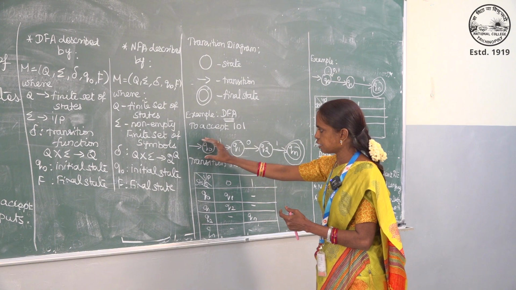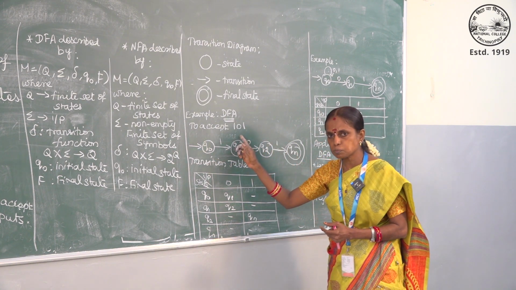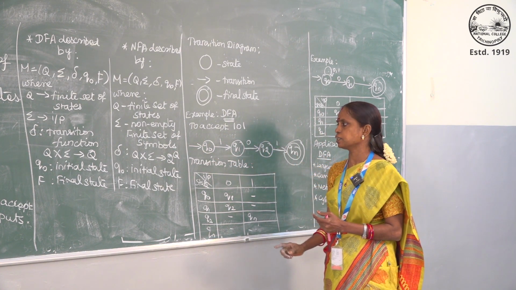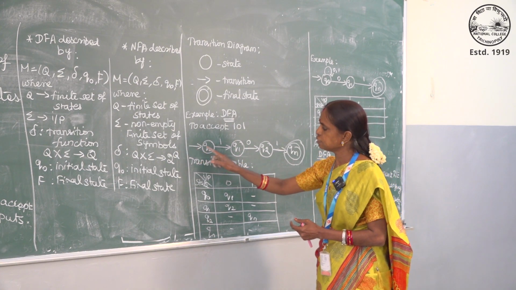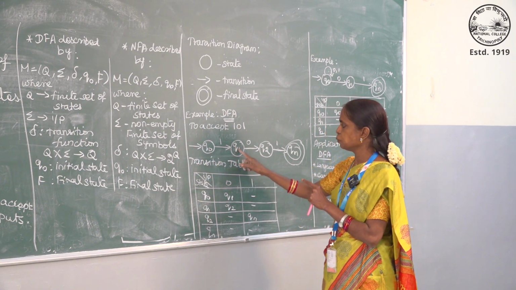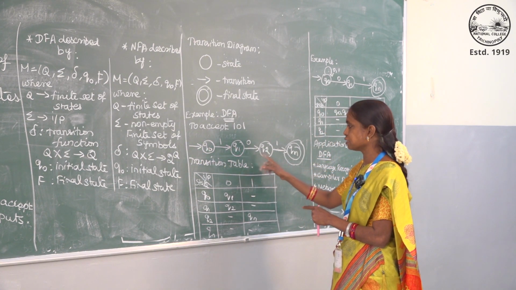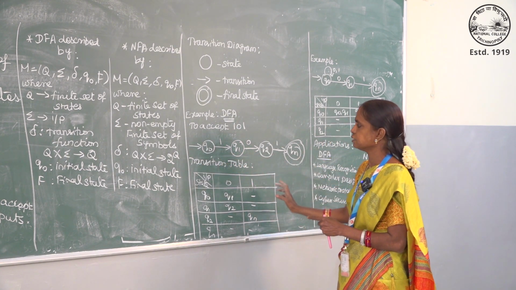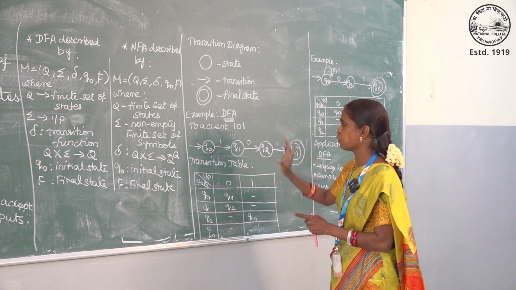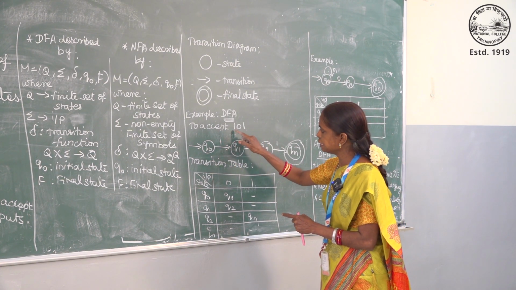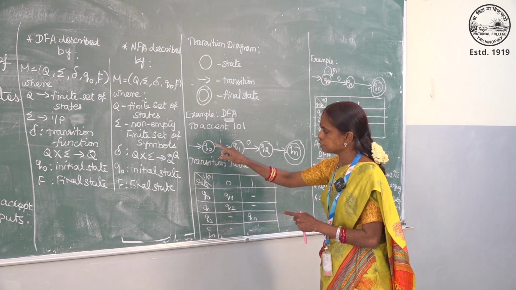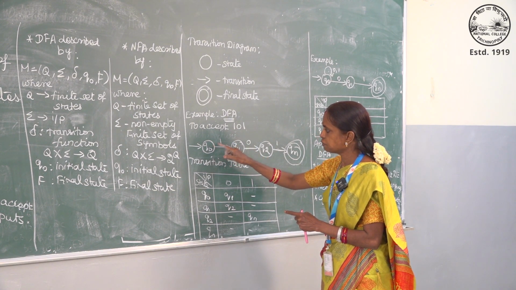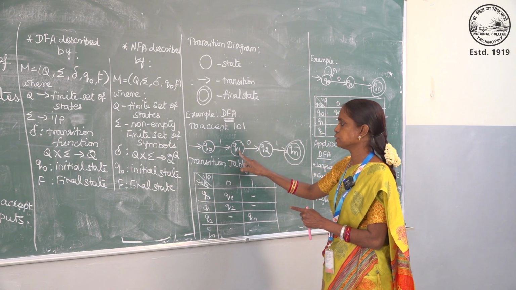Now we are going to construct the DFA to accept this string 101. Initially Q0 is one state, Q1 is another state, Q2 is also an intermediate state. Q0 is the initial state, Qn is the final state, and in between intermediate states are available. First, this state accepts 1, and after accepting it goes to the Q1 state.